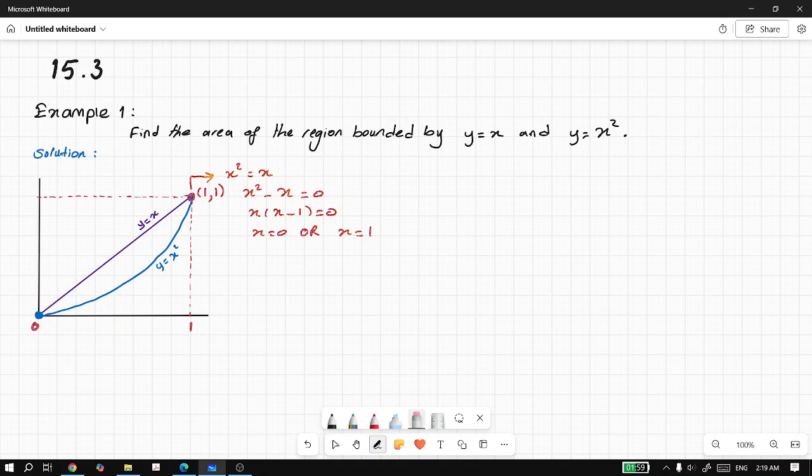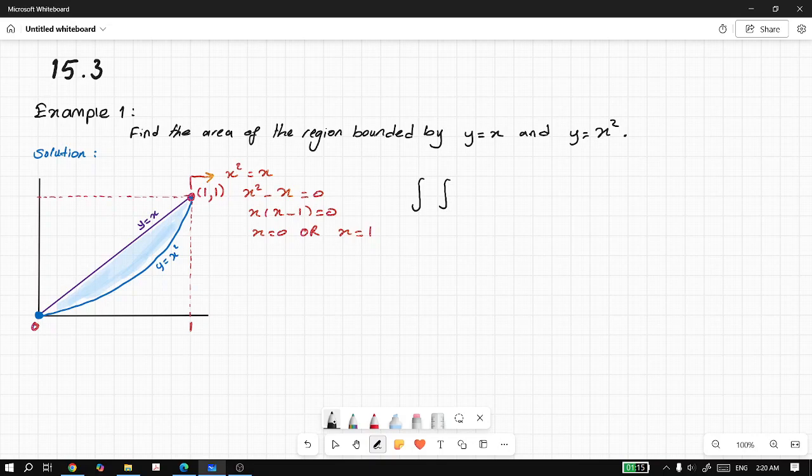So this is what we have as a graph, and we want to find the area between those two curves. To do so, we have to do what? Double integration. Since our subject is double integration, we're finding the area using double integration. Whether you use dy dx or dx dy, it doesn't matter.